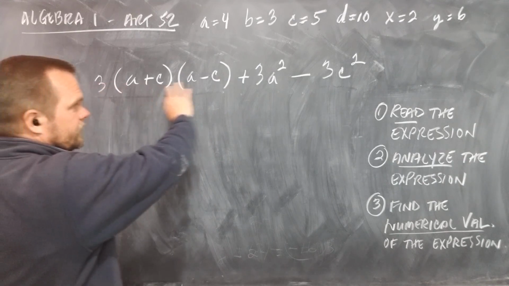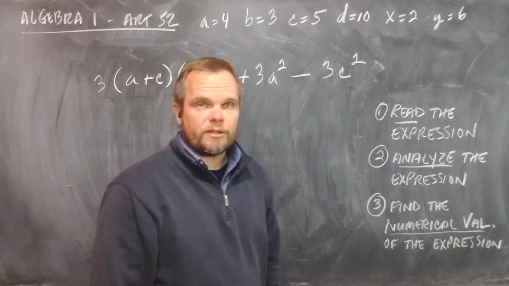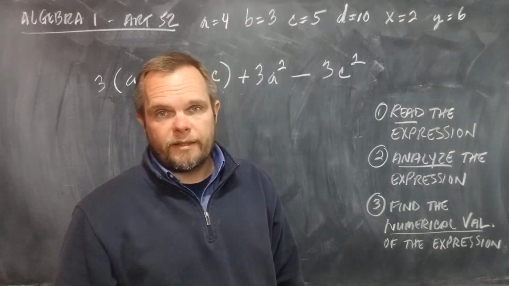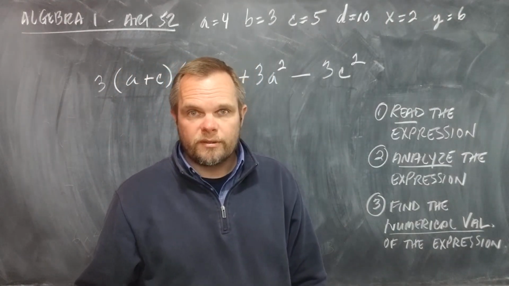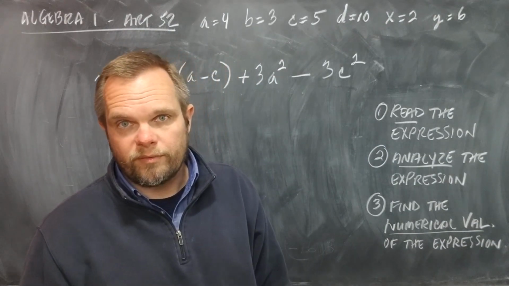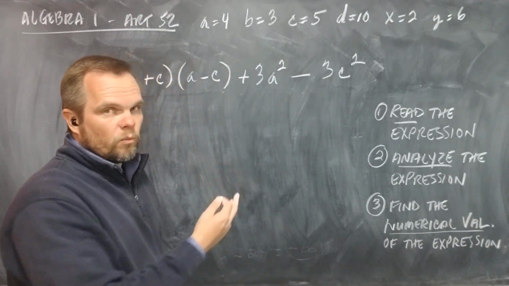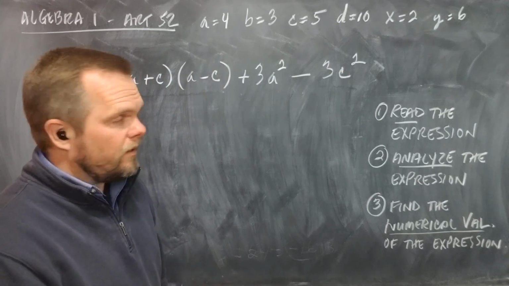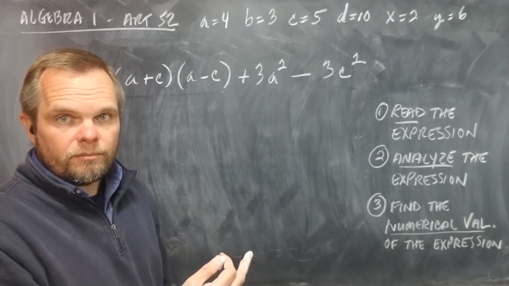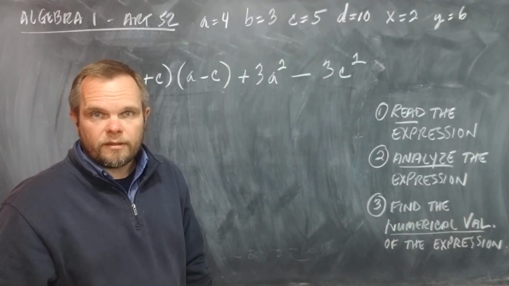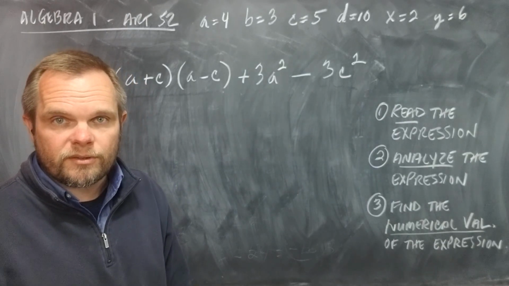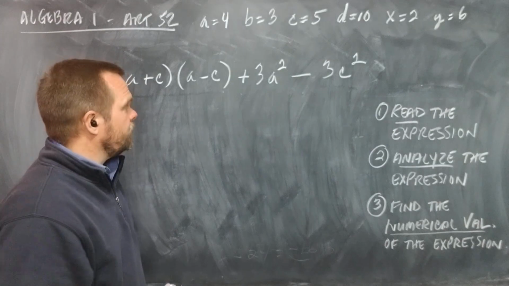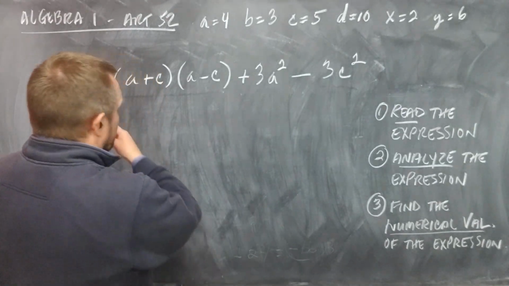Note that as long as this expression may be, as complicated as it may look, if you simply start with your definitions that we learned in Articles 1 through 52 and work on it one step at a time, studying term by term, you'll be able to find the numerical value simply by using your definitions as your guide. Okay? So let's begin over here.